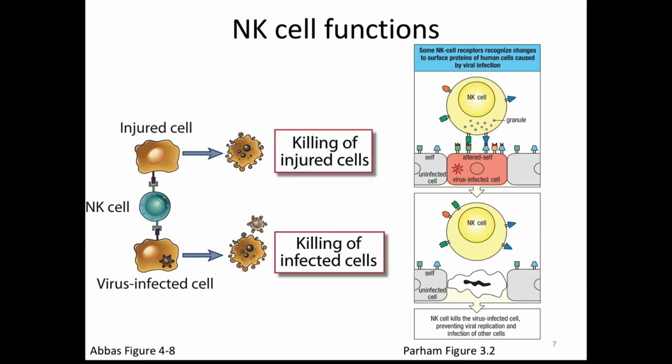You can see our NK cell here is able to kill an injured cell or an infected cell. It is able to specifically kill this one cell that has a problem. In this case, it's infected. It could also be some kind of injured cell. So the function of an NK cell is to kill other cells.